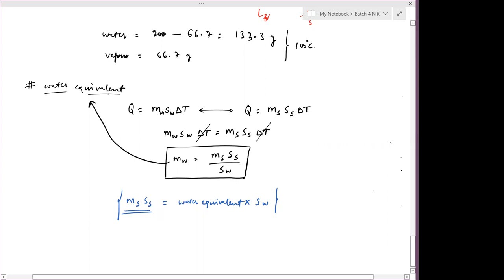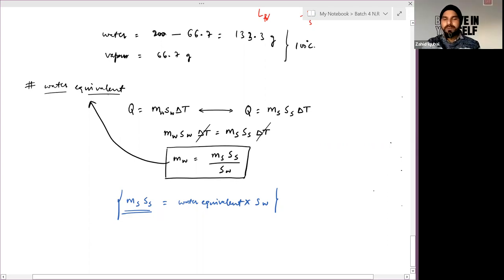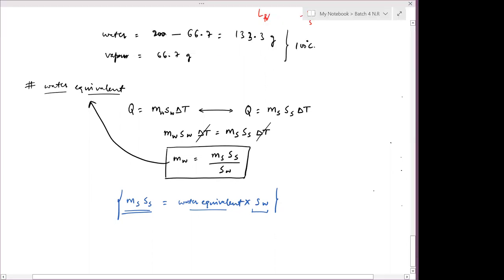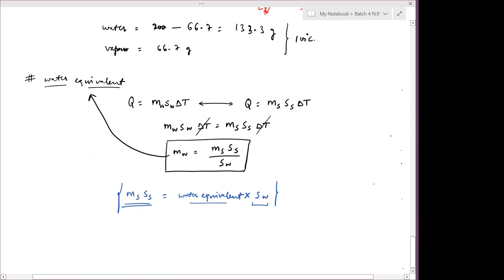So water equivalent is just a comparison of mass times specific heat capacity of that particular substance with respect to water. So instead of giving the mass of substance and specific heat of substance, they will just give you water equivalent. So just multiply water equivalent with the specific capacity of water. It will be equivalent to mass of substance times specific capacity of substance. Minashi, is it clear? Yes, sir. Nabila, any doubt? No doubt, sir.